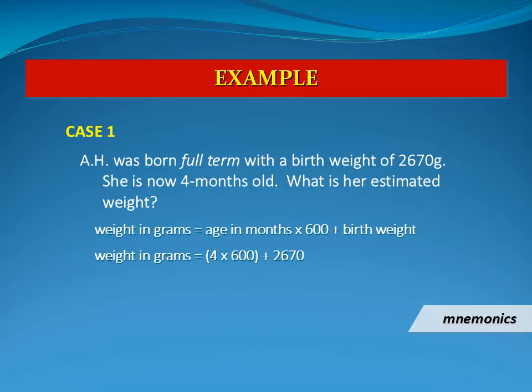As said earlier, the computation for the weight is age in months times 600 plus birth weight, since the patient is only 4 months old. So you multiply the age in months, which is 4, times 600 plus 2,670, it will be 5,070 grams or 5.07 kilograms.